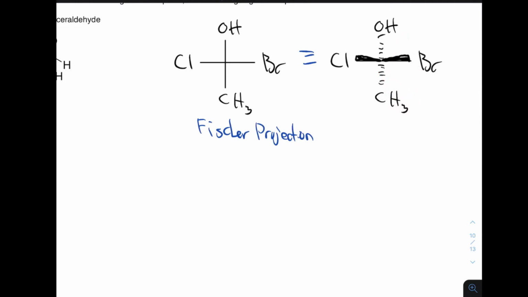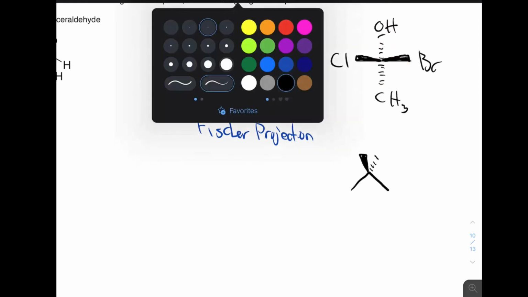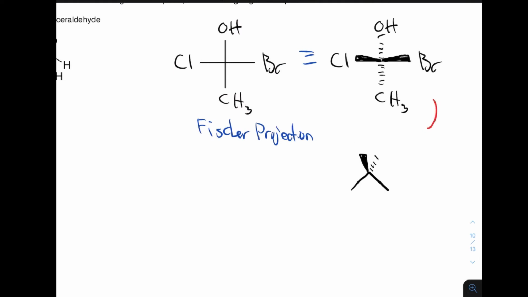And so what we can do with that is start with something like this as our framework, with our central carbon here, and we know on a tetrahedral carbon we have a wedged bond and a dashed bond, so looking at the structure, we're essentially twisting it towards ourselves, and so what happens when we do that is we have our OH at the top, down here, CH3 on the other end, because we turn this totally towards ourselves, these dash bonds are going to be in the plane.